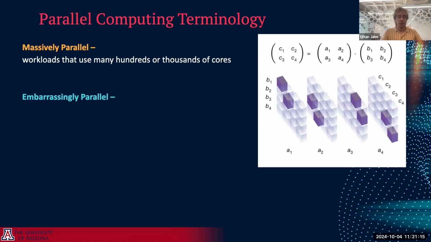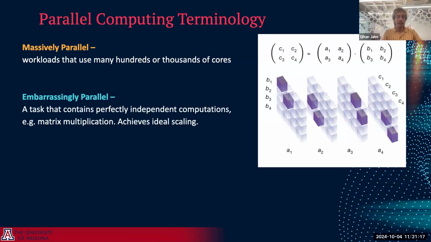Embarrassingly parallel is a term used to refer to a task that has perfectly independent computations that will achieve ideal scaling. So writing an algorithm that achieves parallelization for this task is much simpler because the tasks in and of themselves are independent.